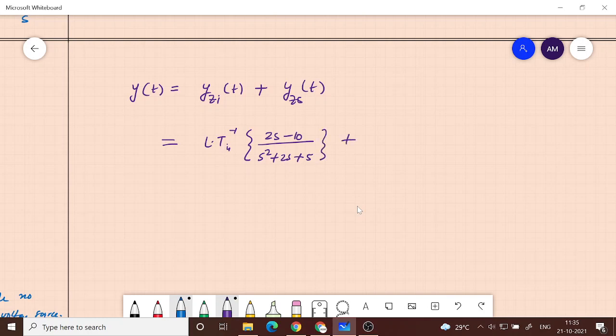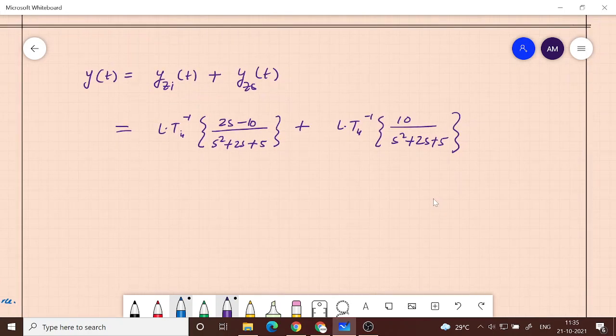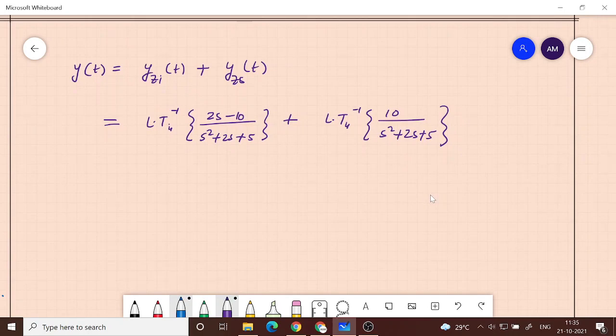Then plus we have a Laplace inverse of 10 by S square plus 2S plus 5. So if you require these two separately, then you need to categorize it like this, and this one is this one, and this one is this one.